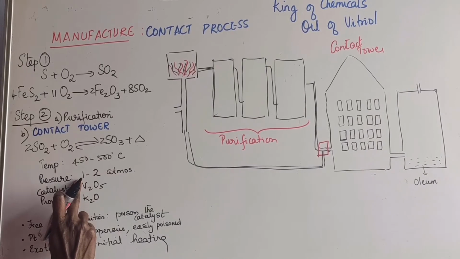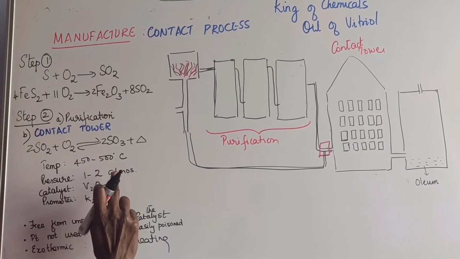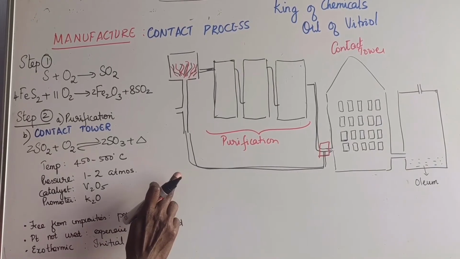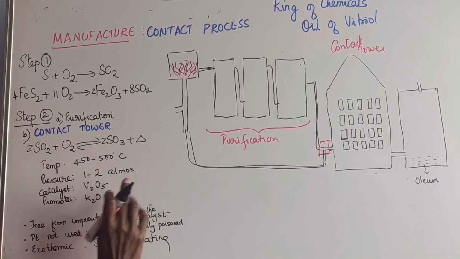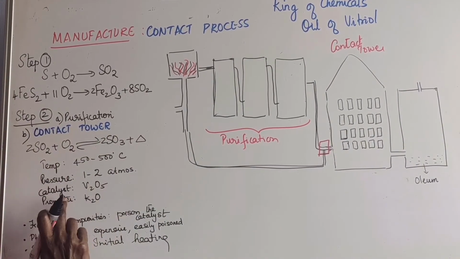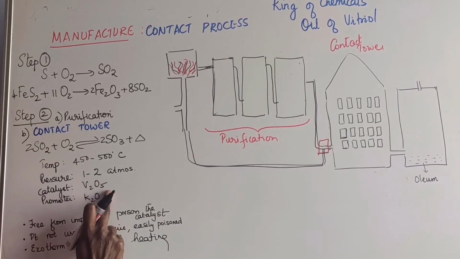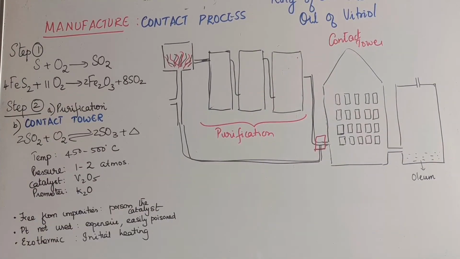Pressure applied is 1 to 2 atmospheres. When it goes higher than this, it can decompose the catalyst. Catalyst is sensitive to that. Catalyst used is vanadium pentoxide and promoter used is potassium oxide. What is a promoter? It increases the efficiency of the catalyst.